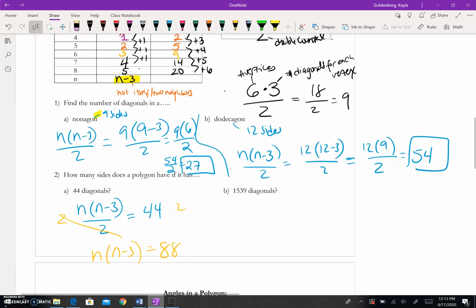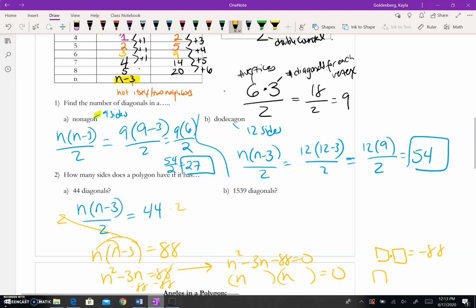Now from here, if I distribute this, I have n squared minus 3n equals 88. If I subtract 88 on both sides, then I get n squared minus 3n minus 88 equals 0. And I have to factor this. I know it's an n and an n, just like it would be x and x, right? And then I need two numbers that multiply to be negative 88, but that add to be negative 3.